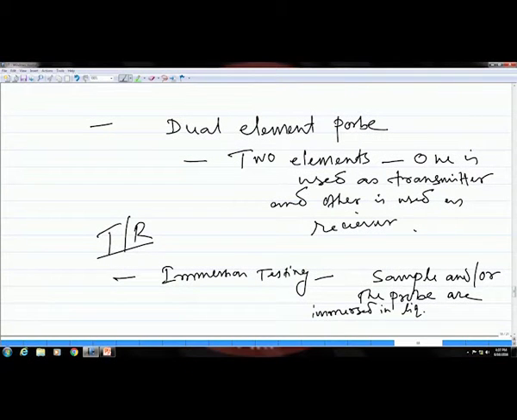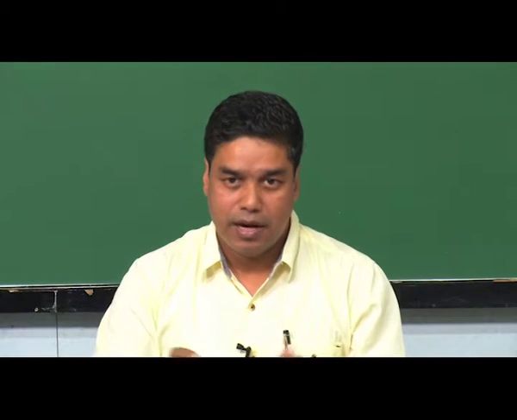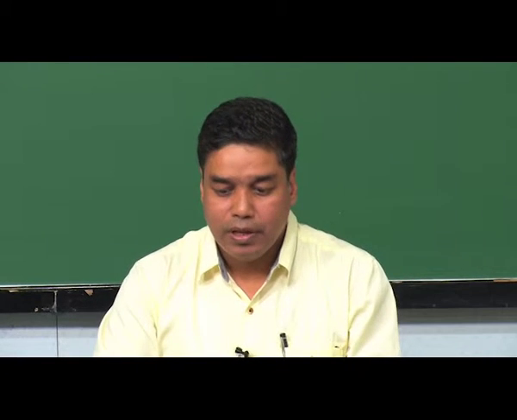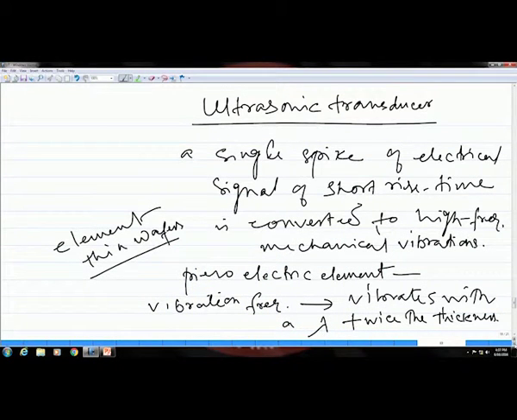So, this is how the dead zone can be taken care of, and then we started talking about these ultrasonic transducers: what are the components of a transducer and how the ultrasonic pulses are generated. In an ultrasonic transducer, you supply a single spike of electrical signal and convert it into high frequency mechanical vibrations or these ultrasonic pulses. That means this is a property which converts electrical energy into mechanical vibration, and as you all know, that is known as piezoelectricity.